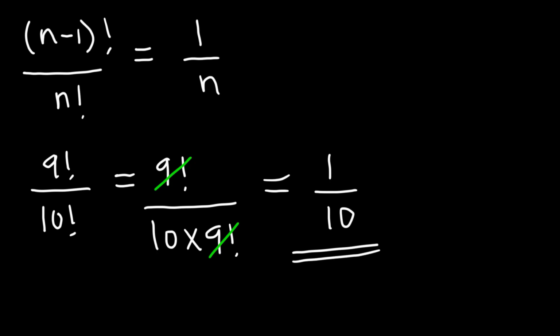Now let's see how we can prove this. n minus 1 factorial is the same as n minus 1 times, now if we subtract 1 from n minus 1, we shall get n minus 2. And this will keep on going, but for now, let's stop at n minus 2.